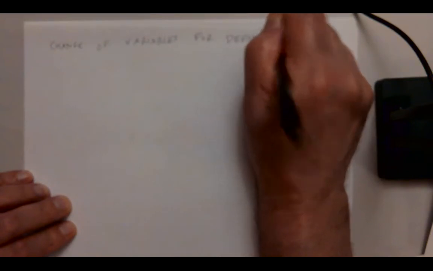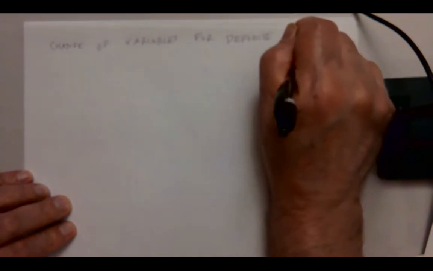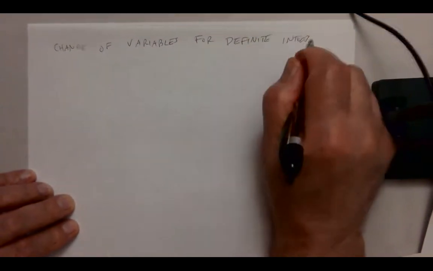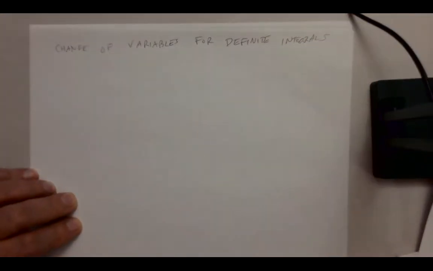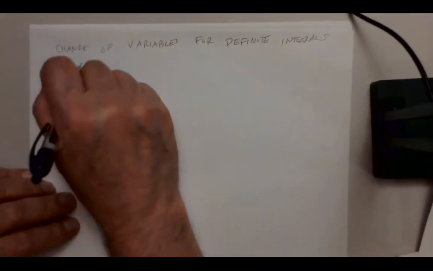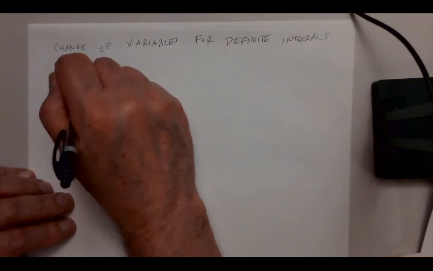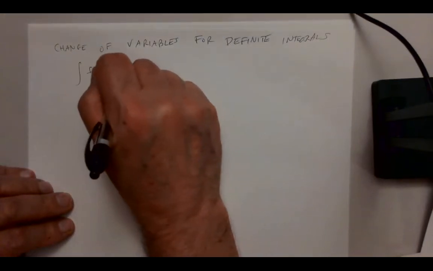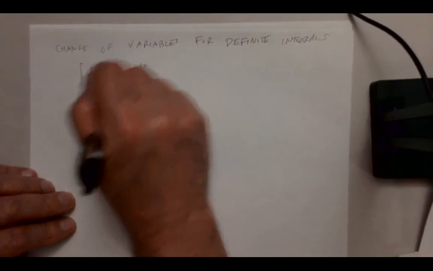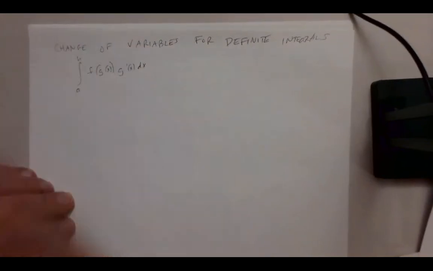Change of variables for definite integrals. So we have a function that we're integrating, and it somehow is of the form f of g of x, g prime of x dx, and we're integrating from a to b.